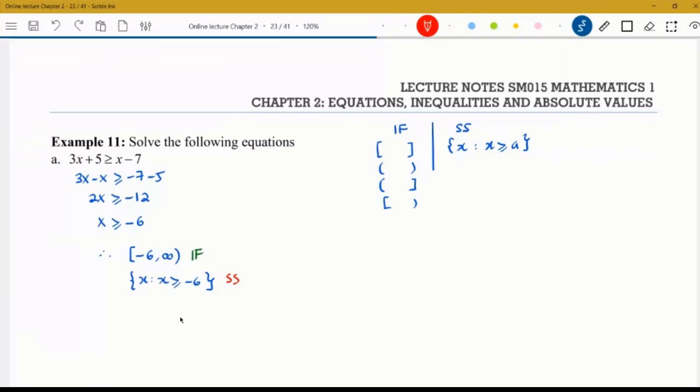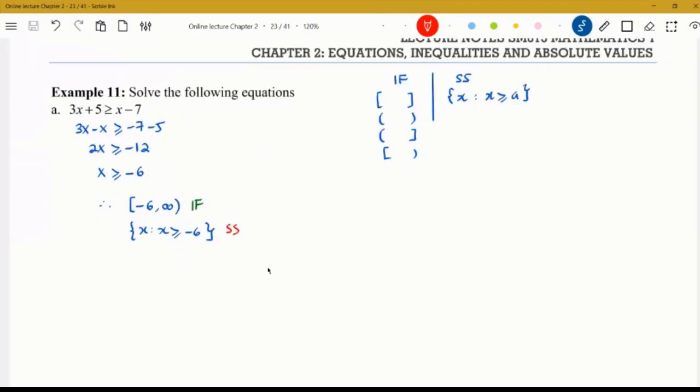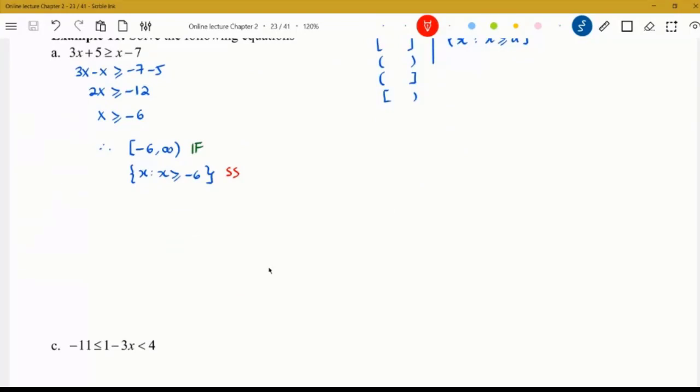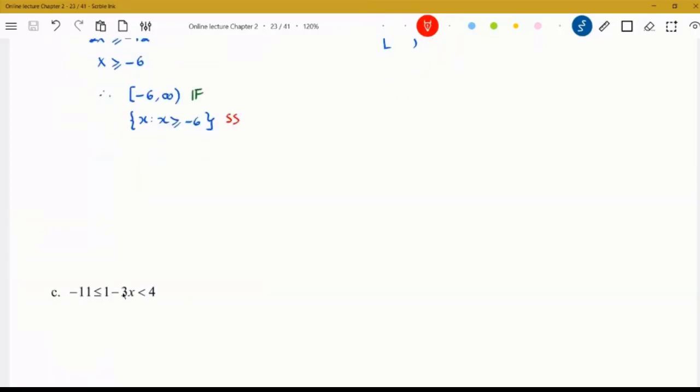Okay, so part A is quite direct. For part B, we have in between cases. Okay, so yang ini, kalau tengok pada konsep sekolah menengah, kamu boleh dapat direct. But then, saya tak nak pakai yang direct, di mana kita pindah-pindah terus dapat jawapan. Saya nak pakai konsep pecah, split case.